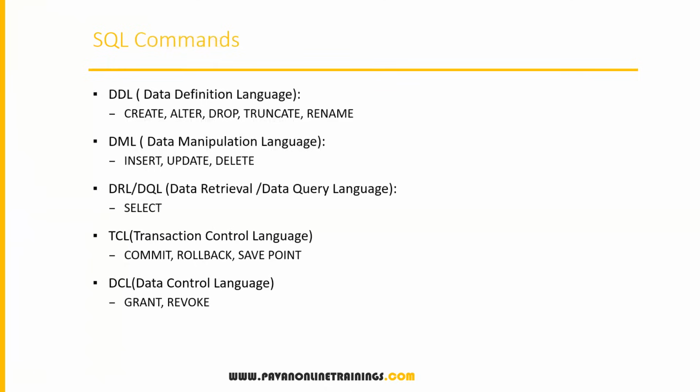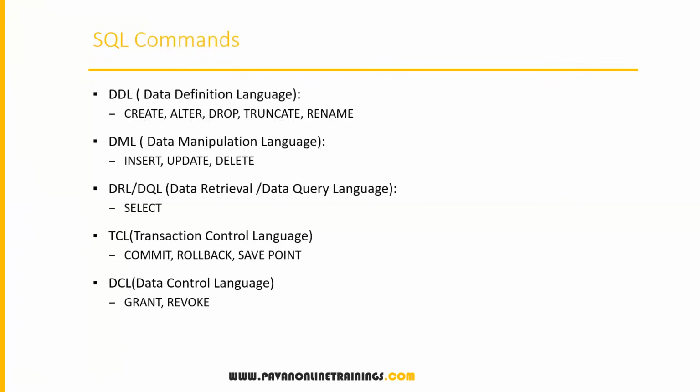And then TCL commands. Under TCL, we have 3 commands: commit, rollback, and savepoint. Suppose I have done some transaction, like an insert, update, or delete. As soon as I have done some action, it will not automatically be committed into the database. So we need to commit that transaction.